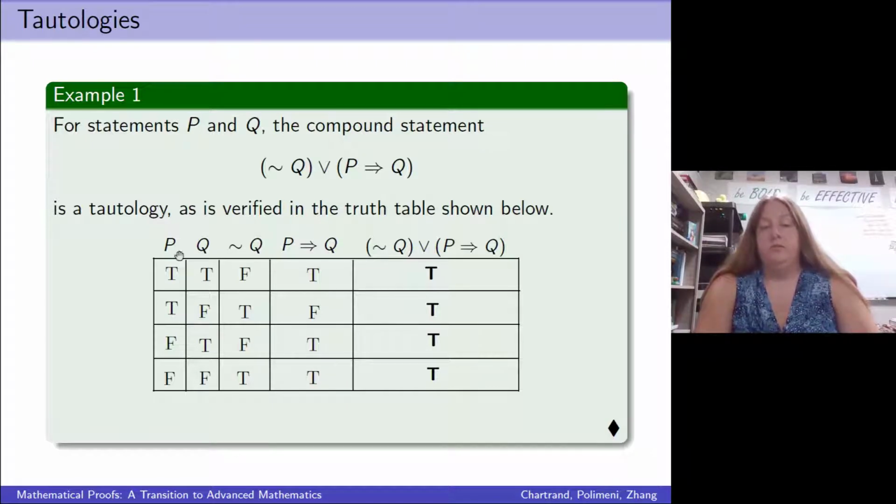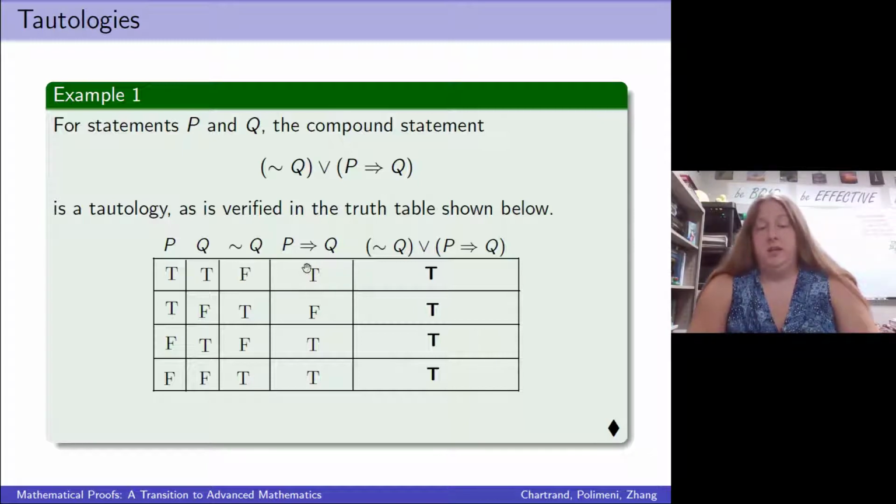And then we use our not Q and our P implies Q columns that we've created to combine them and follow the rules of our disjunction. Remember, a disjunction is true whenever at least one of the statements is true.